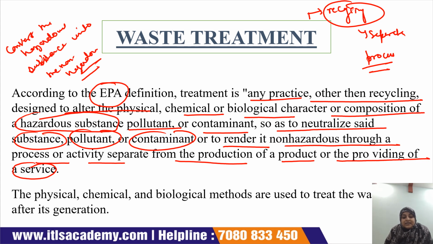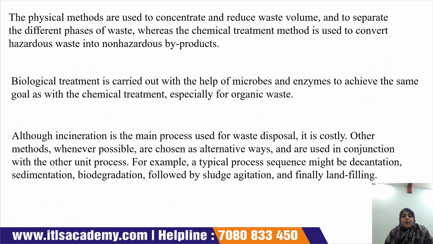Now there are physical, chemical, and biological methods which are used for the treatment of this waste produced by different generators. Let's discuss. We use the physical method so that the amount of the waste is reduced or the volume of the waste becomes concentrated, and to separate the different phases of the waste, whereas the chemical treatment method is used to convert the hazardous waste into a non-hazardous byproduct.